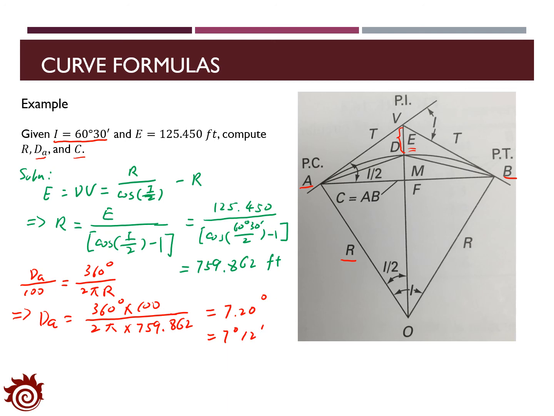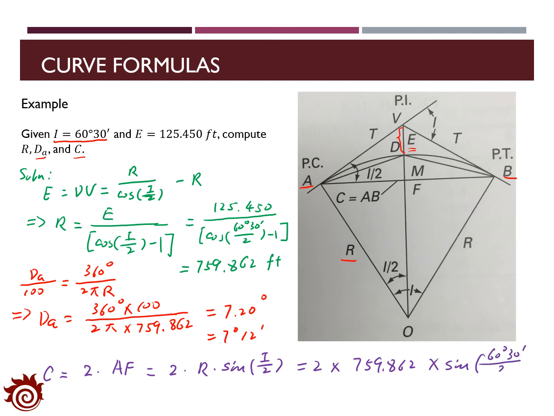And finally, we can check the value of the chord length. From the figure, we can see that C equals 2 times AF. And also AF is R times sine half I. So that is 2 times 759.862 times sine of 60 degrees 30 minutes divided by 2.